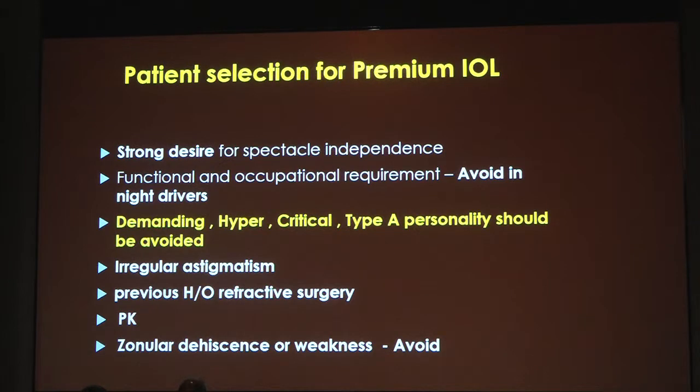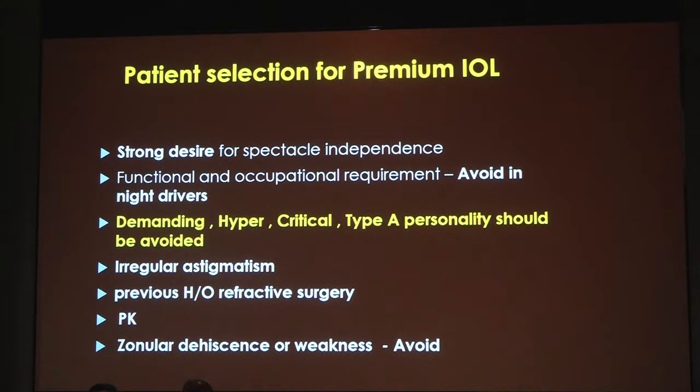Patient selection is most important. Just avoid the demanding, hyperactive, critical, type A personality. Patients with irregular astigmatism, avoid. Previous history of refractive surgery or penetrating keratoplasty, avoid such patients. Zonular dehiscence, don't do premium IOLs.